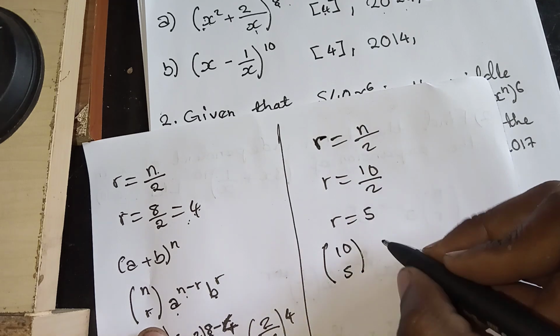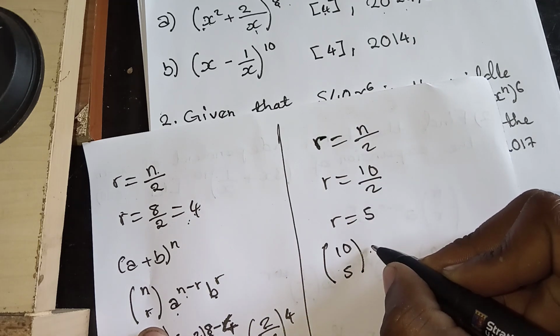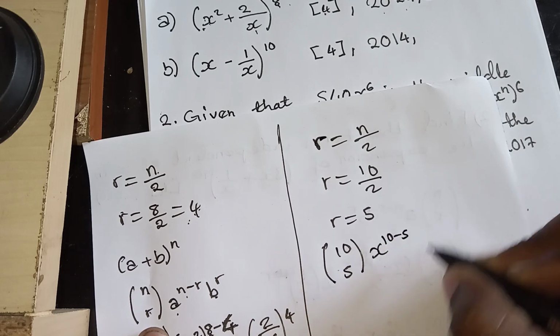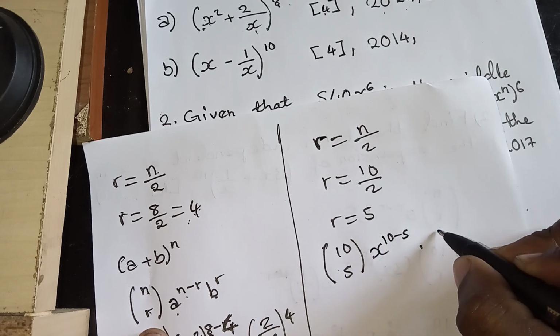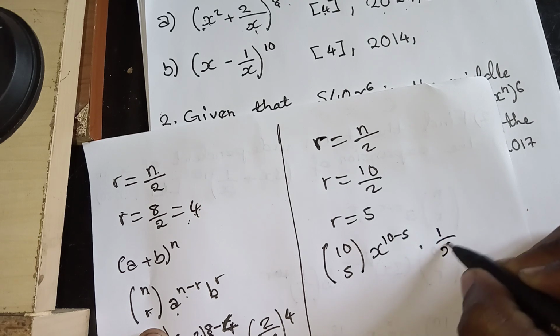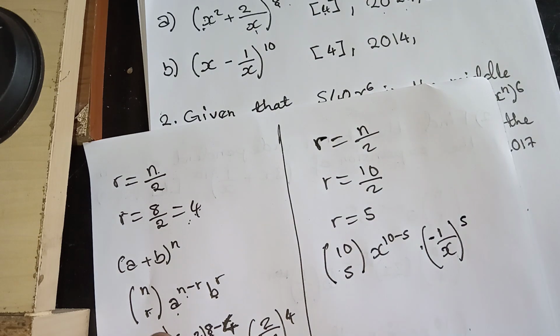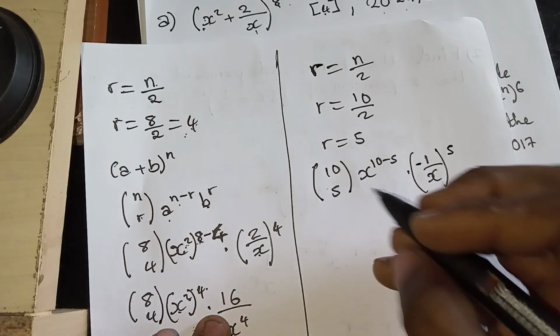Of course, this term will be independent of x. And then we have x to the power 10 minus 5 multiplied by 1 over x, and of course this is a negative raised to the power 5.